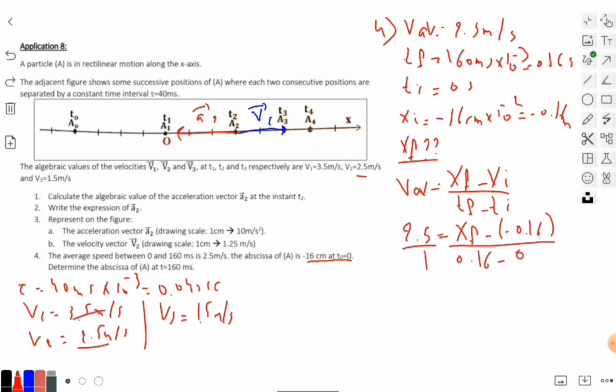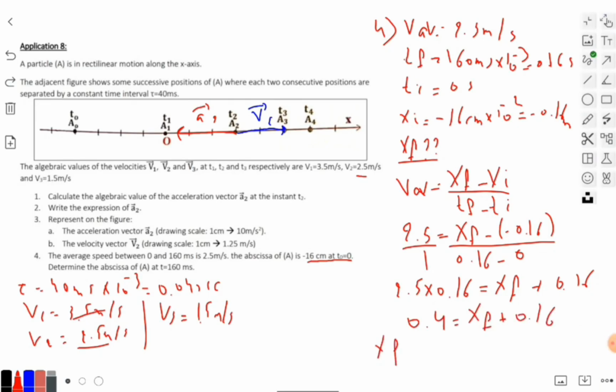So cross-multiplying, we obtain 2.5 times 0.16 equals x final plus 0.16, so 0.4 equals x final plus 0.16.